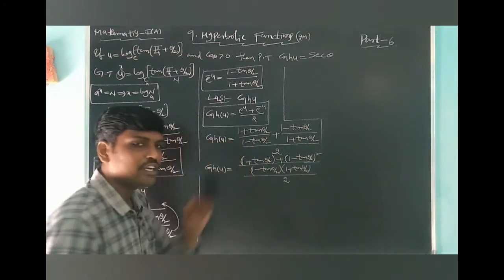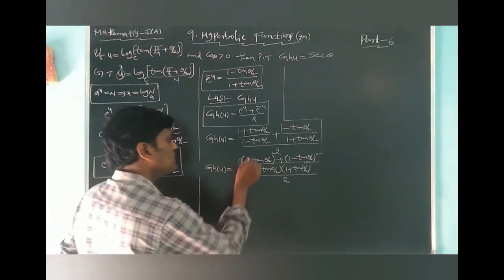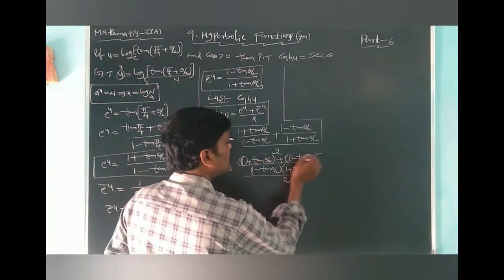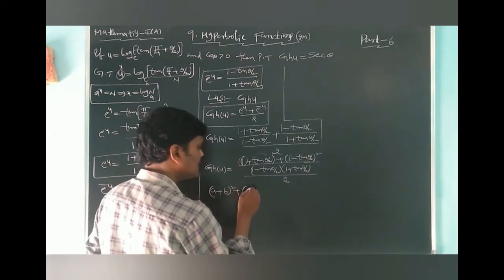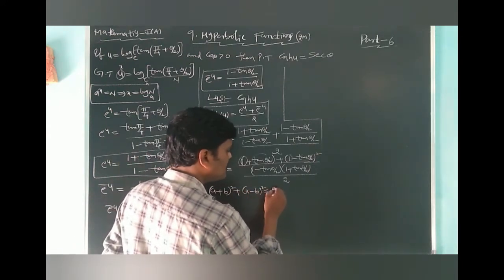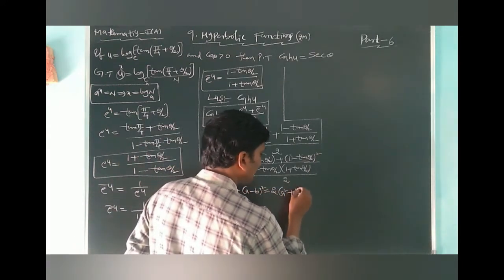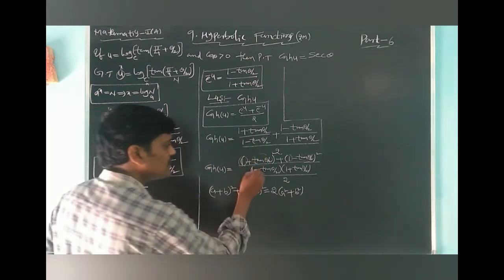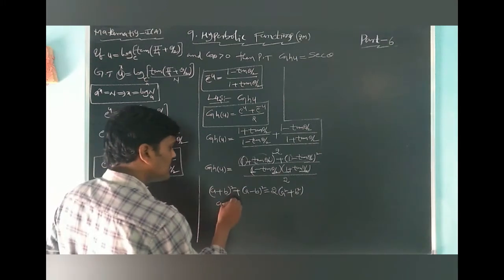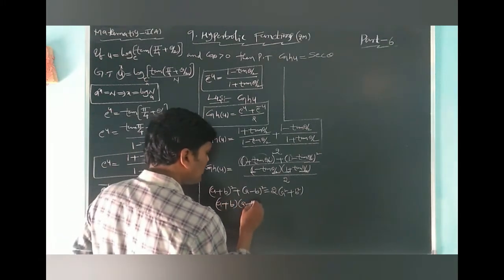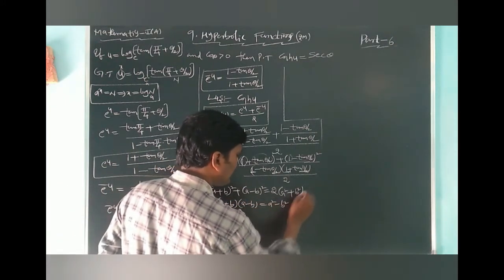Now this is a, this is b, this is also b: a plus b whole square plus a minus b whole square. What is the formula? 2 into a square plus b square. Similarly, in the denominator, a plus b into a minus b is a square minus b square.